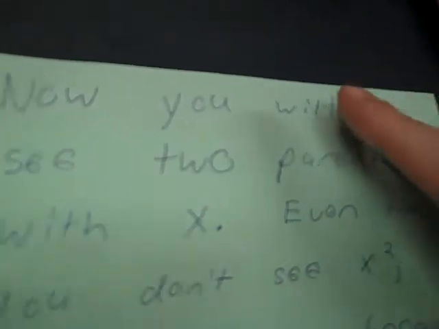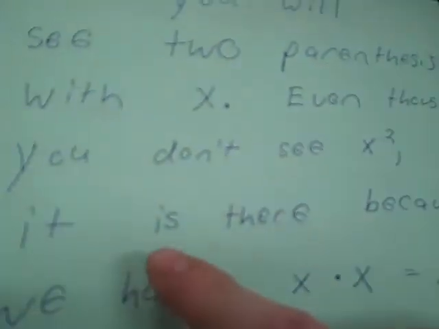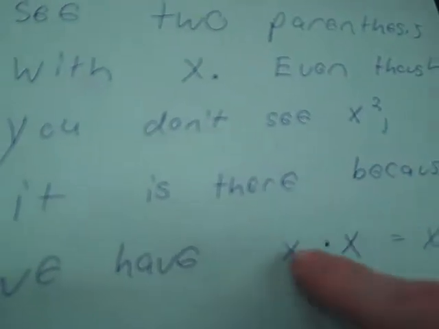Okay, now I'll read this through; if you need to, pause the video. You'll see two parentheses with x. Even though you don't see x to the second power, it's actually there because we have x multiplied by x. So let's look at this first problem. X multiplied by x would be x to the second.